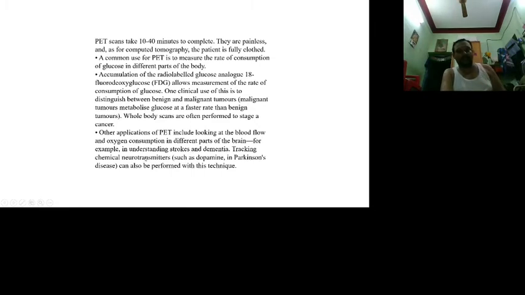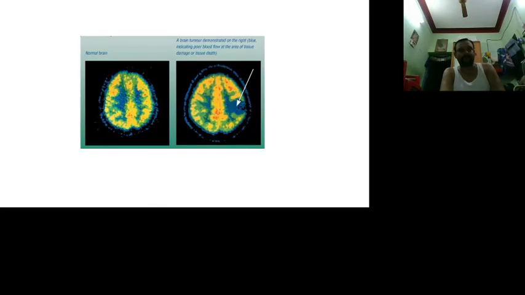Tracking neurotransmitters such as dopamine in diseases like Parkinson's, you can monitor the extent of the disease by PET scan. This is a normal brain in a PET scan. It is the same principle: the F18 nucleus emits beta particles and gamma rays.